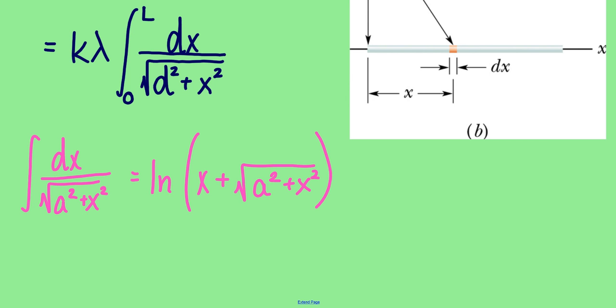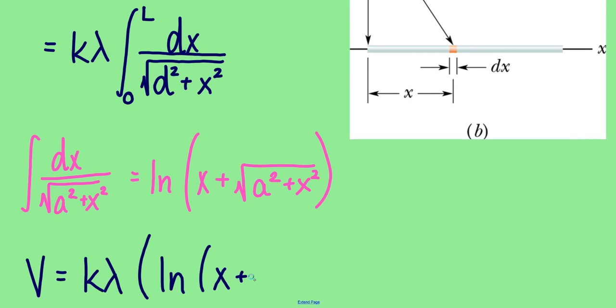Actually, your textbook uses an a, so we'll just be consistent with what it says there. So the only thing that's different between our expression and what was in the back of your textbook is our a is instead a d. And so we can say that our integral is evaluated to be the natural log of x plus the square root of d squared plus x squared. And then, of course, we have to plug in our limits from 0 to L.